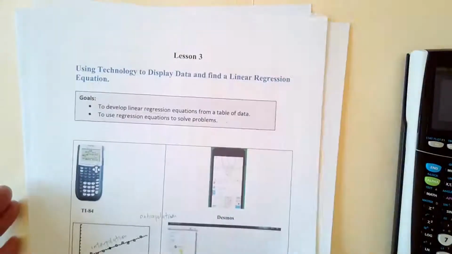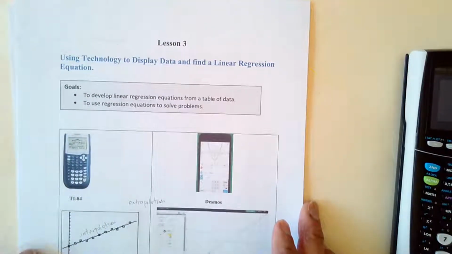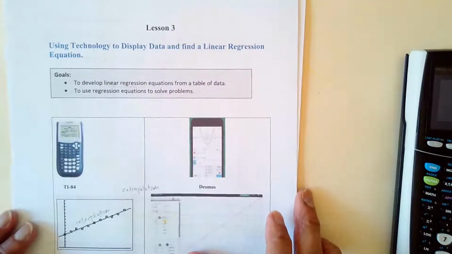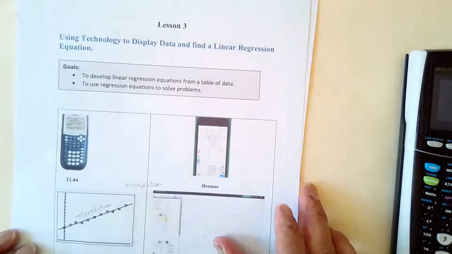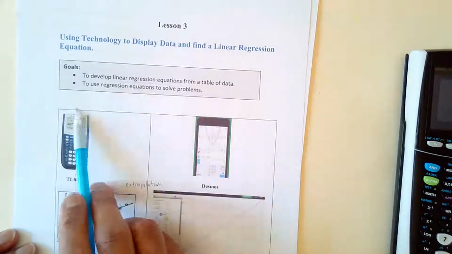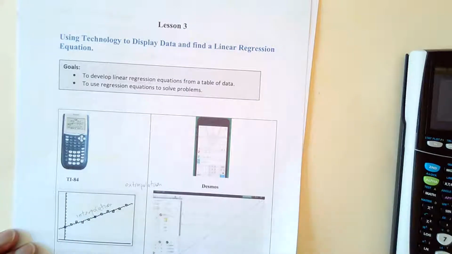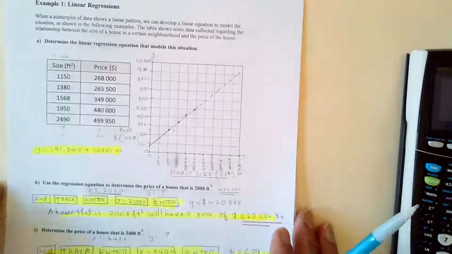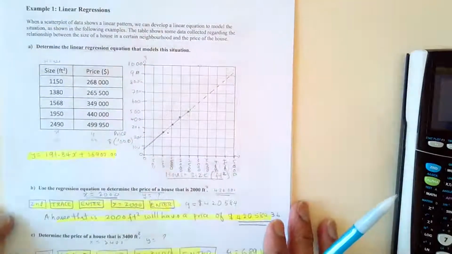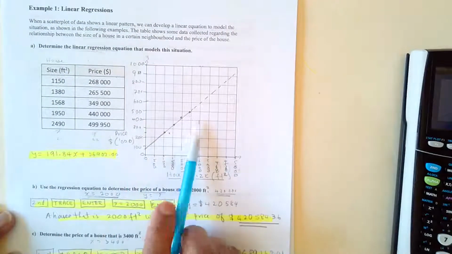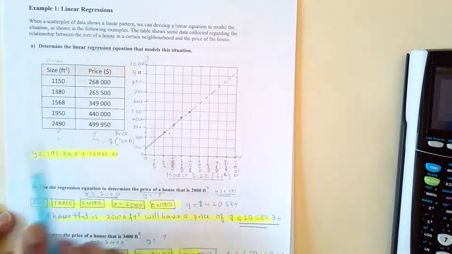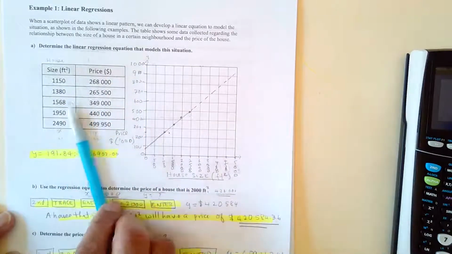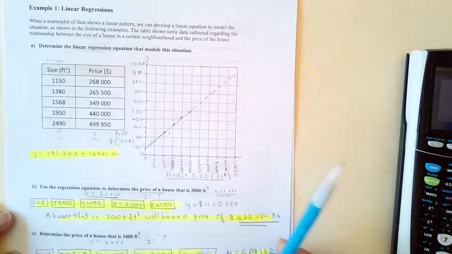So quick overview. Today our lesson was about using technology to display data and find a linear regression. We used the graphing calculator. For step 1, we sketch the line of best fit for the set of data on the graph.